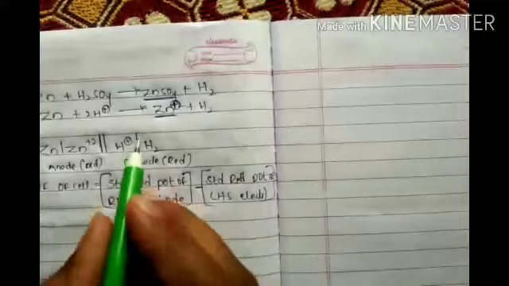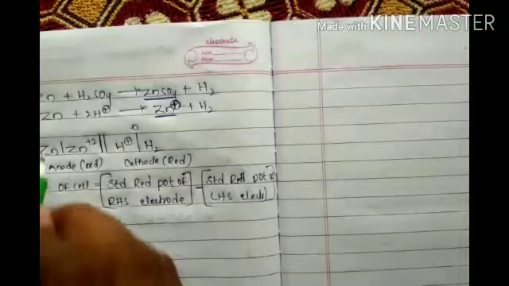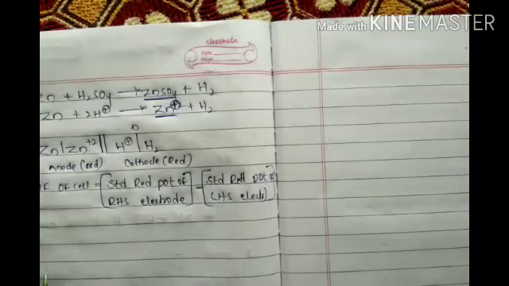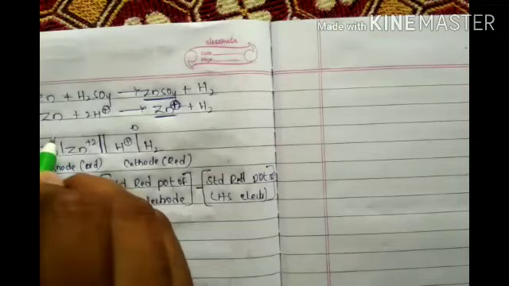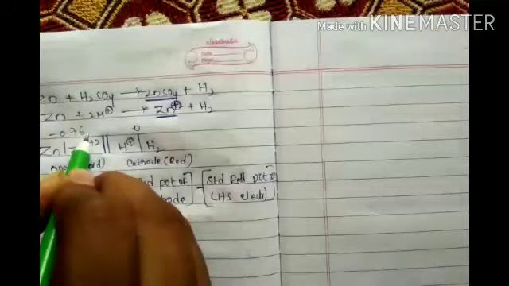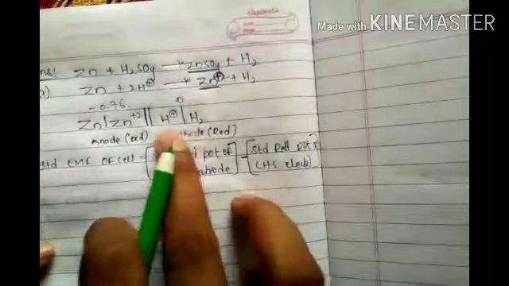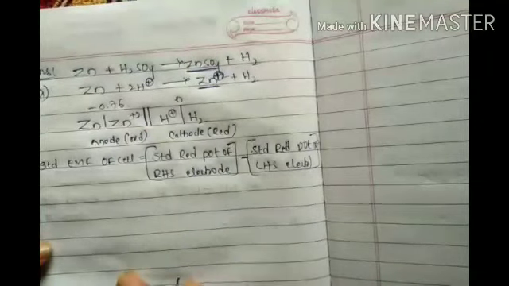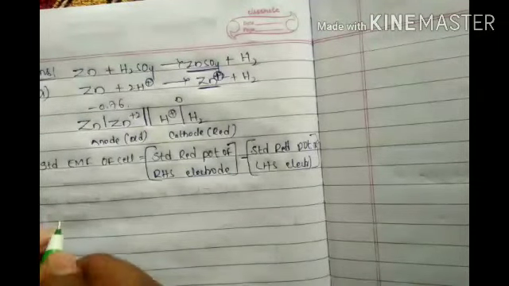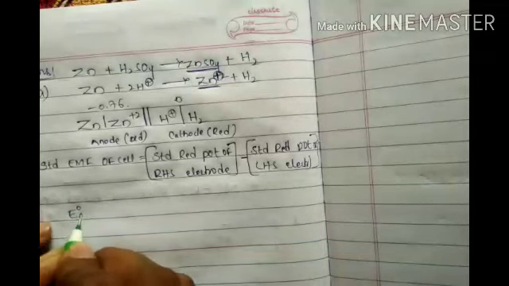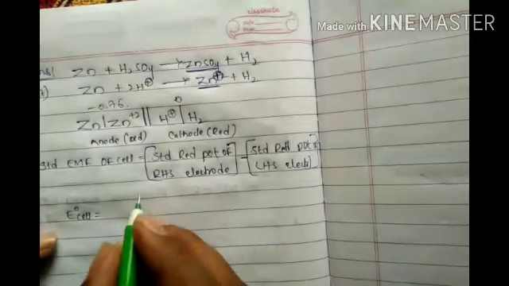See, the cathode side is 0. How much is given for the anode in the question? Zinc is given as minus 0.76. We can also do cathode minus anode. So E cell equals cathode minus anode.